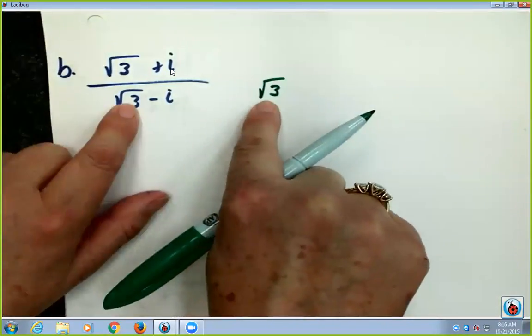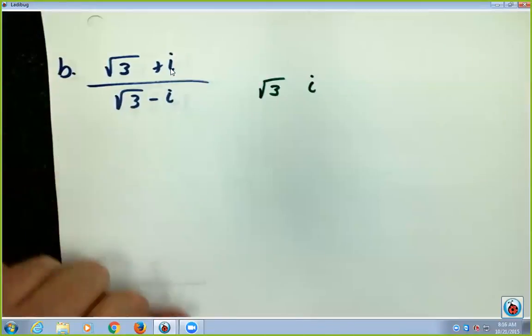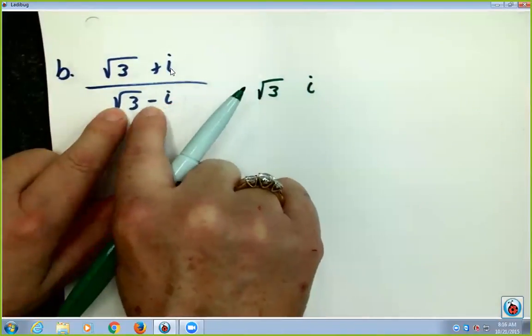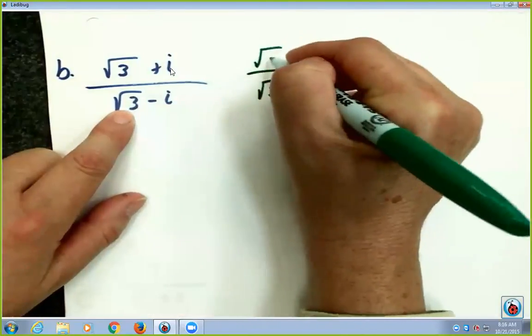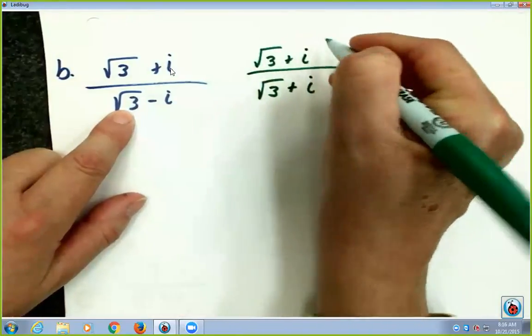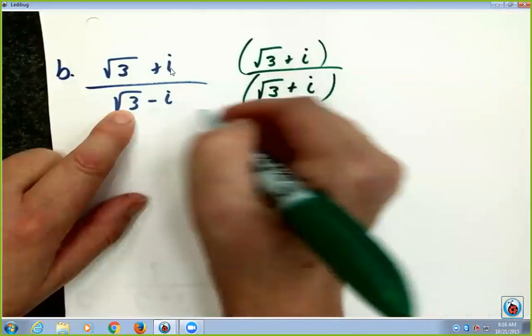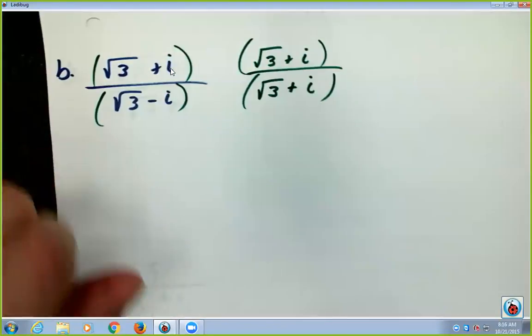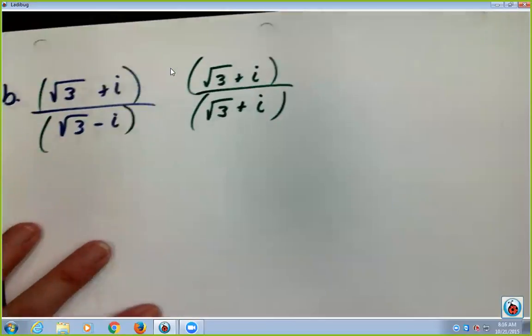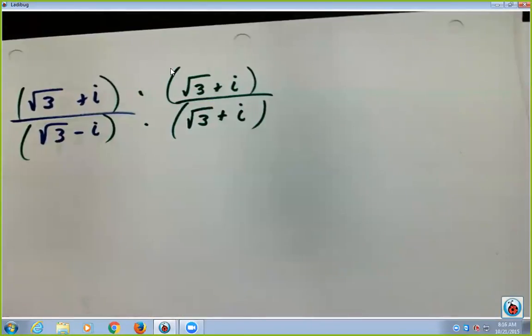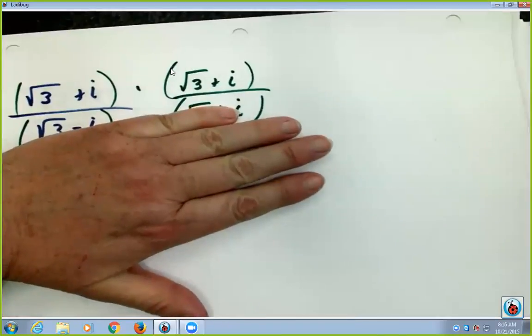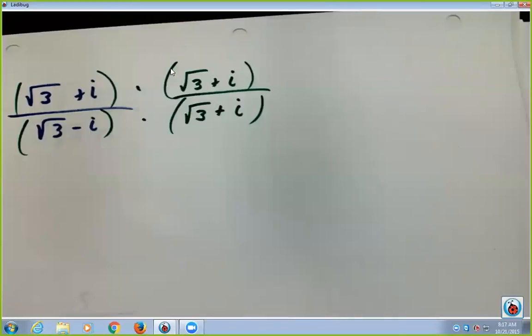So square root of 3 and an i, because I need the matching terms, but because it's subtraction in the middle, the conjugate is going to have the opposite sign. So then I have two problems in here that I'm going to multiply. It's like having two of the first beginning problems that I had that I need to multiply out.